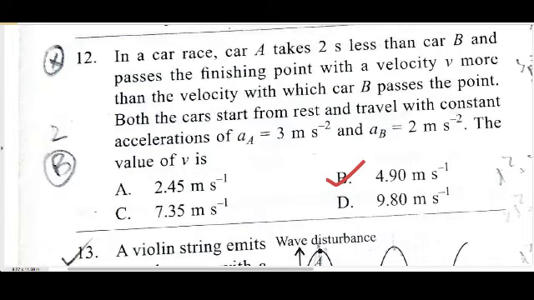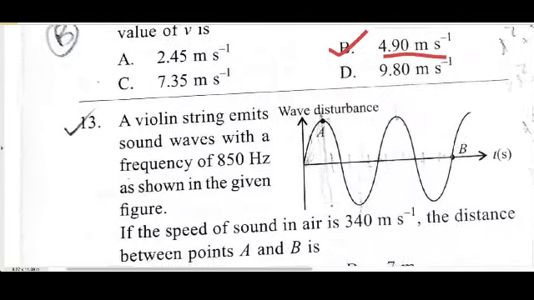The velocity v is the velocity of car A minus the velocity of car B, because it passes with the velocity v more than the velocity with which car B passes the point. This means that A will pass with 4.90 meter per second more velocity than B at the finishing point. So now let us see the next question.